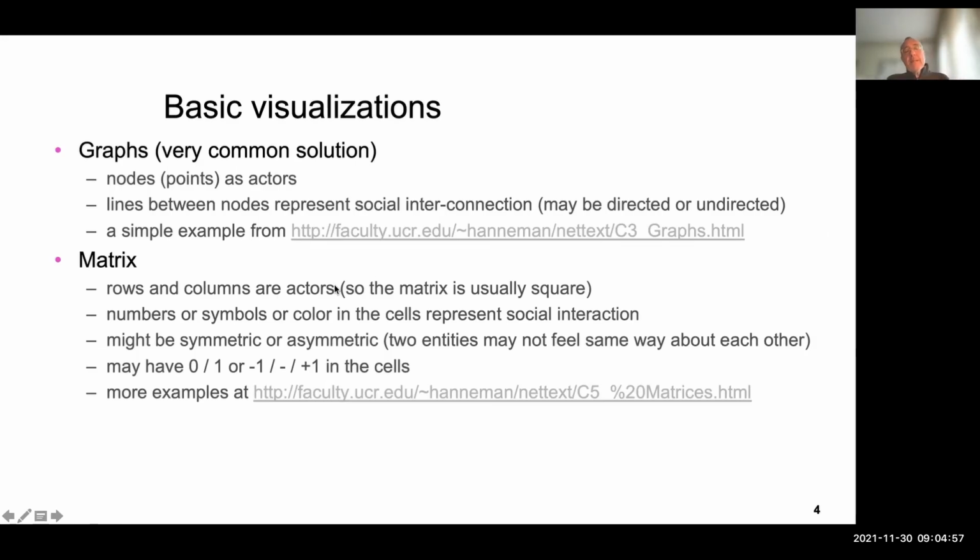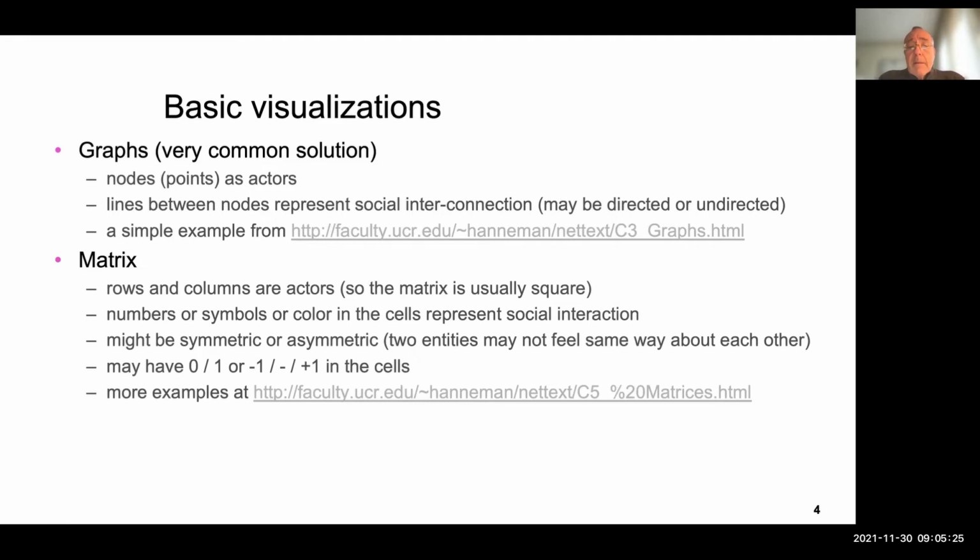Or, and this is less common, we can have an adjacency matrix in which rows and columns are actors. Typically, the matrix is a squared matrix, and we have in the intersection some numbers or colors that represent the interaction. The matrix may be symmetric or asymmetric.